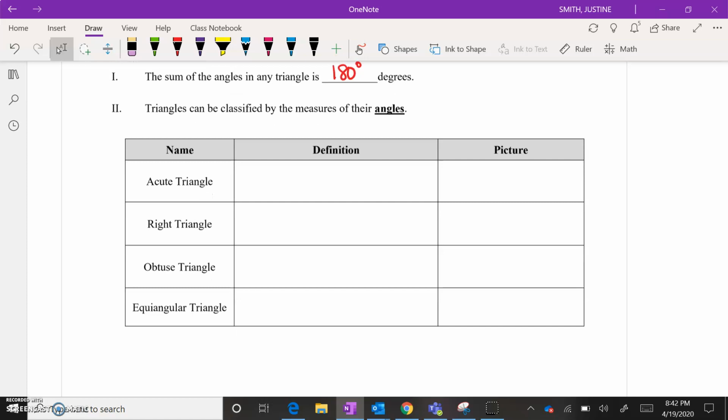Okay, so an acute triangle has 3 acute angles. Okay, so a picture of that, I would have all 3 of these angles here, right? They would all be acute angles. Okay, a right triangle has 1 right angle.